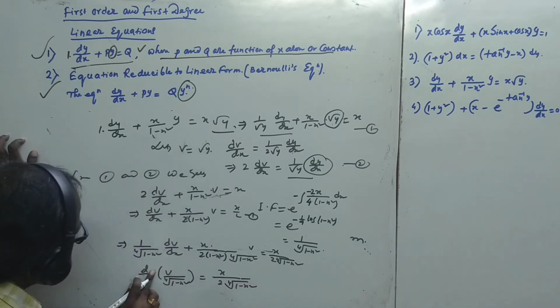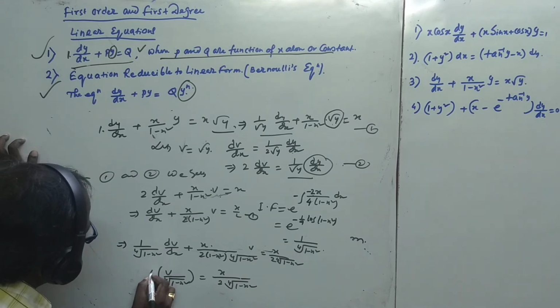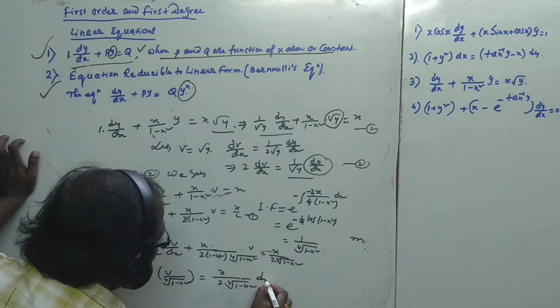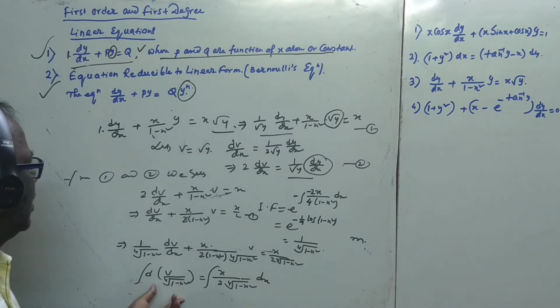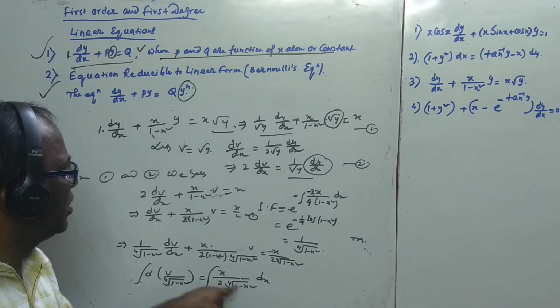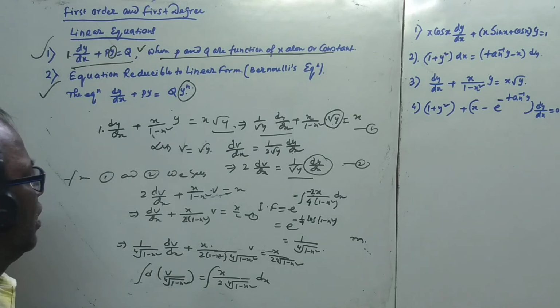Very easy: dx is shifted to the right-hand side and integrate, then we have got the answer. Let us assume 1 minus x square as z, so you can easily find the answer.